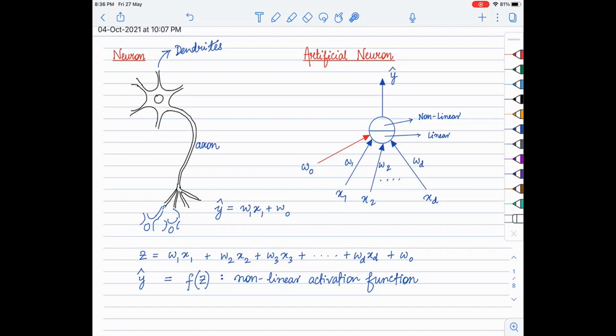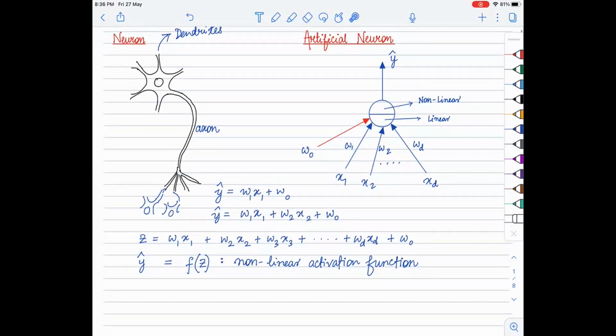When you move to higher dimensions, say two dimensions, your line would be w1 x1 plus w2 x2 plus w0. This is a line in two dimensions. If you go to d dimensions, this is the equation of a line. Then you pass this linear combination through a nonlinear activation function.